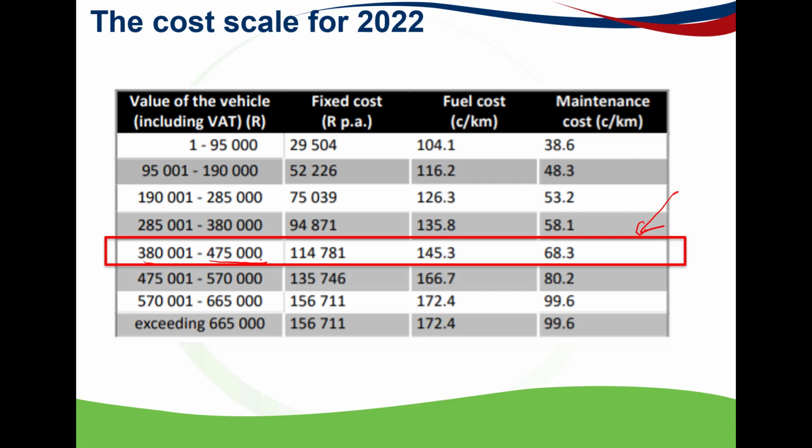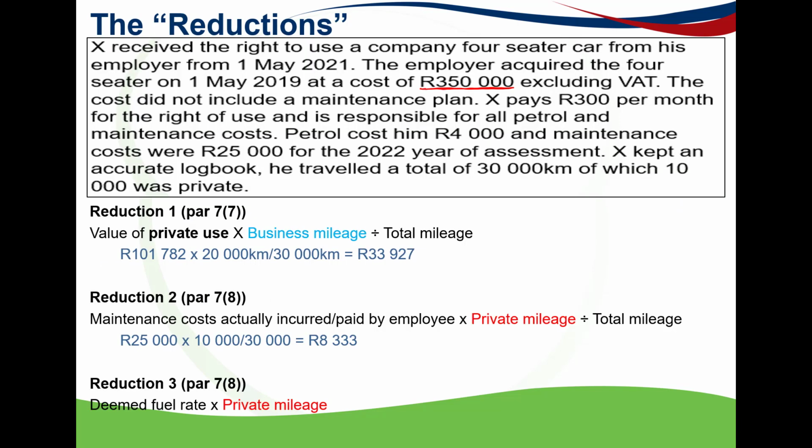so that's that 402,500. And therefore, for purposes of the fuel, we will look at the fuel column, which is this part, and we will look at a fuel cost per kilometer in cents of 145.3. So now, if we apply that information to our scenario, then it would be that 145.3 cents times 10,000 being our private mileage.